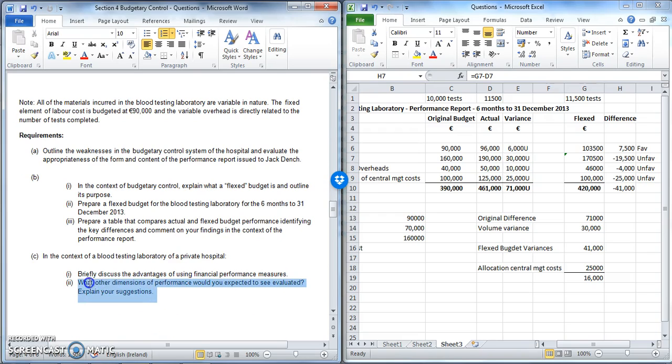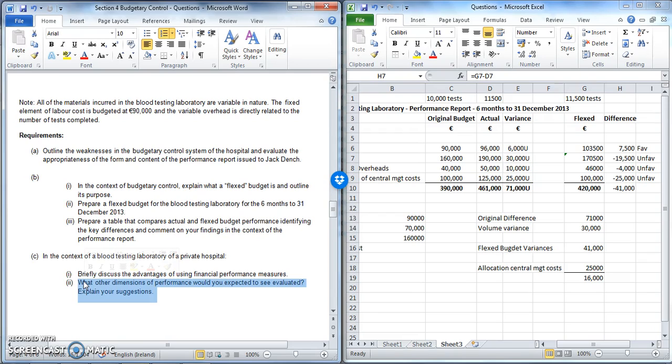And it gets us to talk further about what other dimensions we should look at. And that's the crux of what we're going to look at in week 9: what are the other dimensions of performance that you should be focused on? Particularly here with blood testing, financial measures are one element, but there are a lot more important ones in terms of quality of the results and accuracy, in terms of efficiency, what the turnaround speeds are, whether there are customer complaints coming in, and also in terms of skill levels, your staff qualifications, and in particular your innovation.